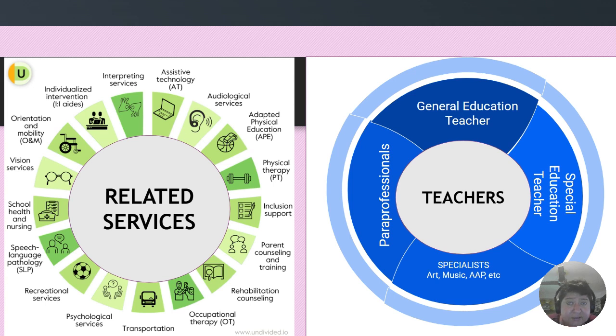And the related services are not only teachers at school, but also some people outside of the school building, like for example special transportation, or there could be a psychologist, or it could be different, like also tools like an AAC tool, for example. So it could be recreational services, anything related to the student's needs.